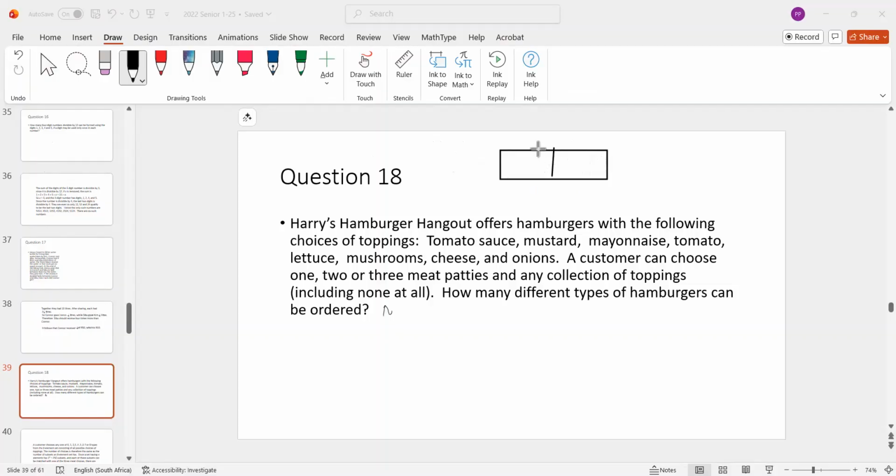I made this box too small, but it doesn't matter. So there are 8 slots to fill. In how many ways can you fill these 8 slots? Right? You can decide I'm not going to fill anything. That's your empty set.